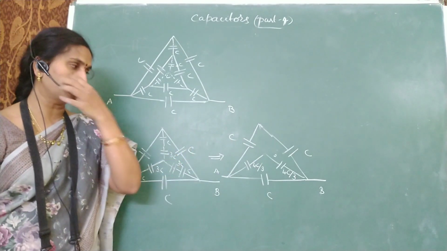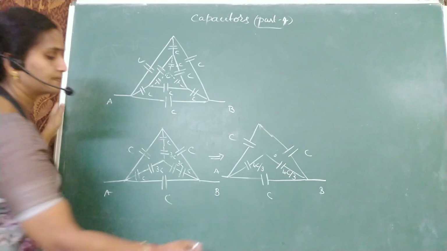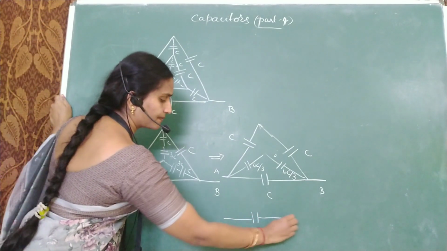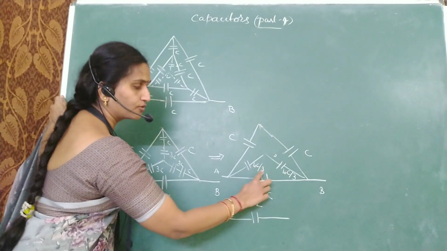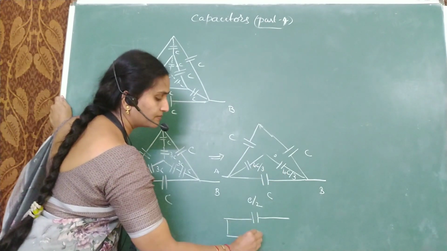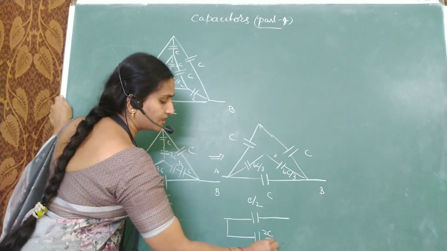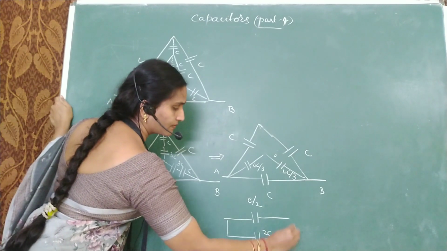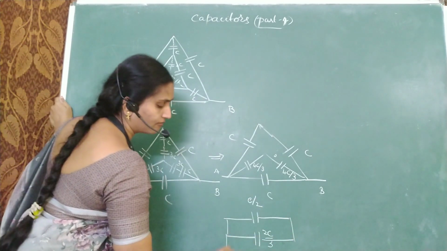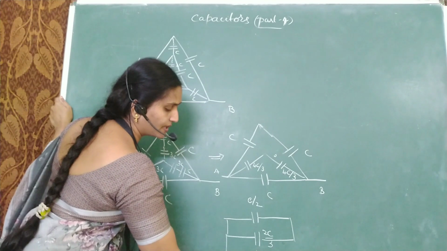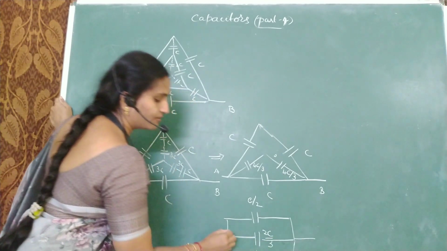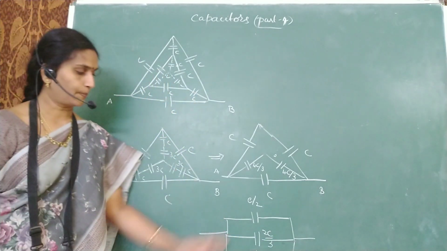Now reduce the circuit. C and C in series would become C by 2. This is C by 2. 4C by 3, 4C by 3 in series will become 2C by 3. And one more C we have in the last branch. And how are all the 3 capacitors connected? In parallel.